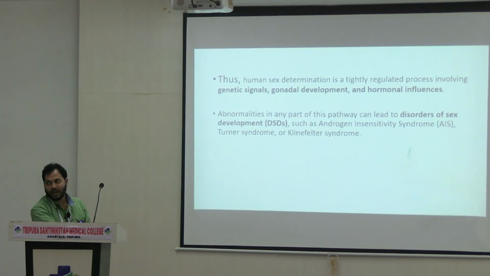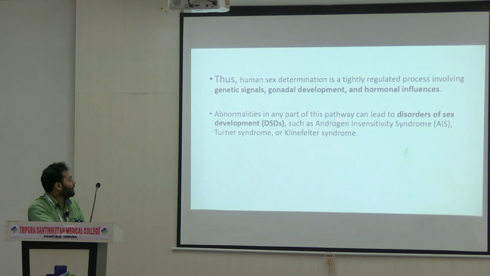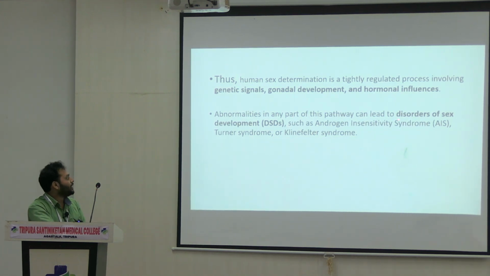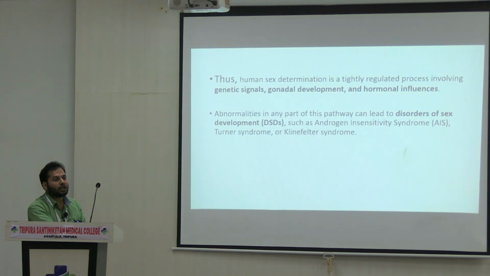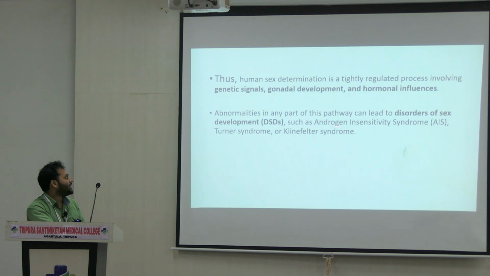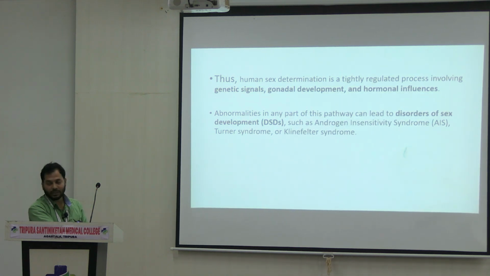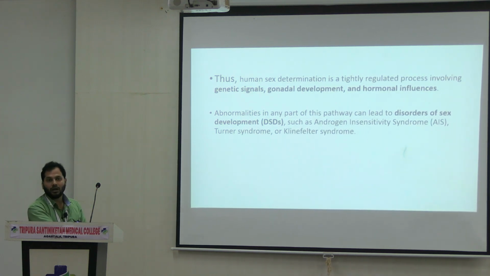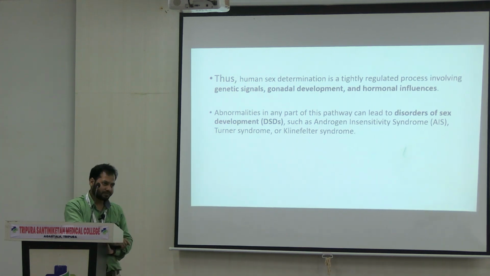So these are called abnormalities. Abnormalities in any part of this pathway can lead to disorders of sex development. So what are the most important disorders that we can see? One is Androgen Insensitivity Syndrome, Turner Syndrome, and Klinefelter Syndrome.